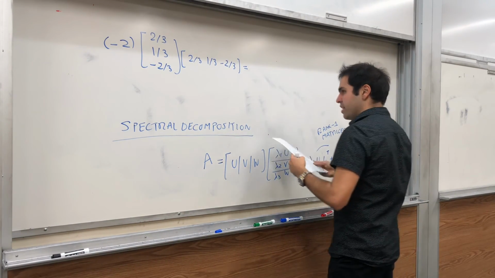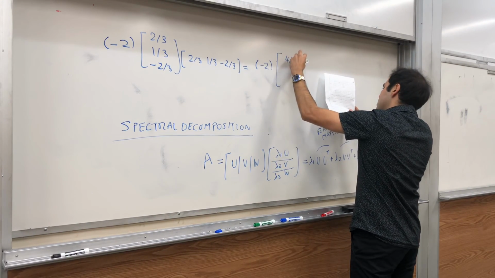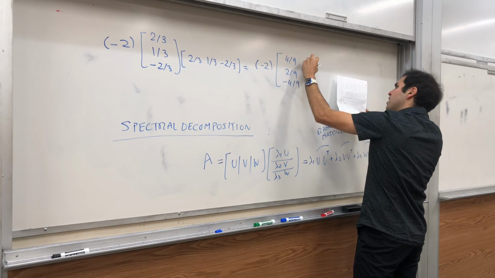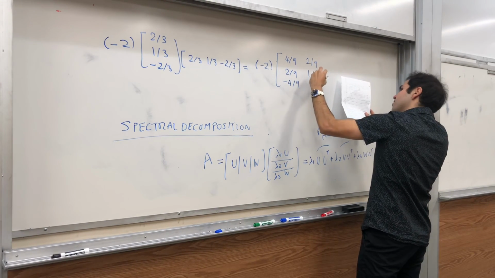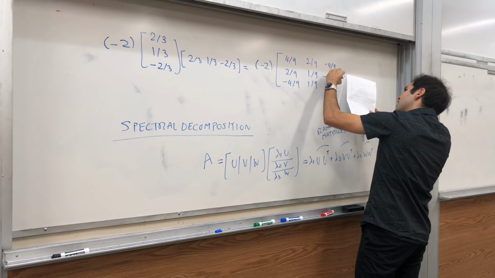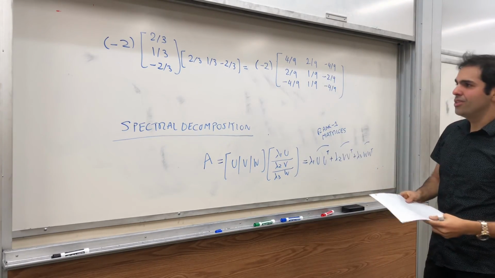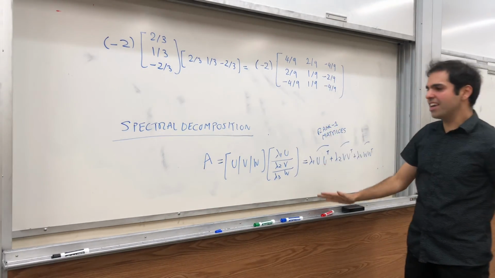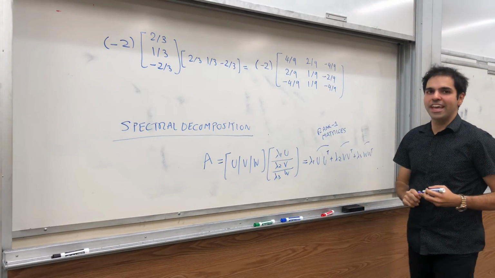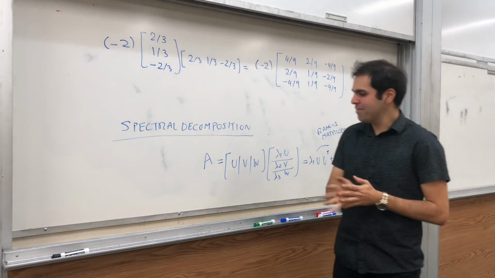It's just, in this case, minus 2 times the matrix with rows (4/9, 2/9, -4/9), (2/9, 1/9, -2/9), and (-4/9, -2/9, 4/9). And you can do this with all the other eigenvectors, and if you sum them up, you should get the matrix A. So it's a nice decomposition of a symmetric matrix, I think.